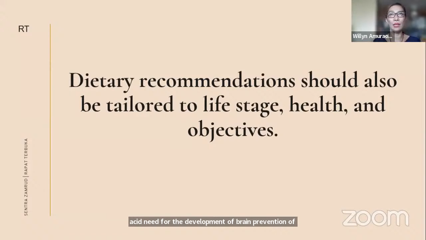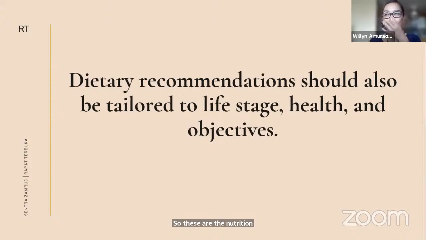Neural tube defect is, if you know, some babies are born without a brain. And the pregnant woman also needs lutein, which is good for eye health. It also improves cognitive development. So these are the nutrients needed to prevent complications.